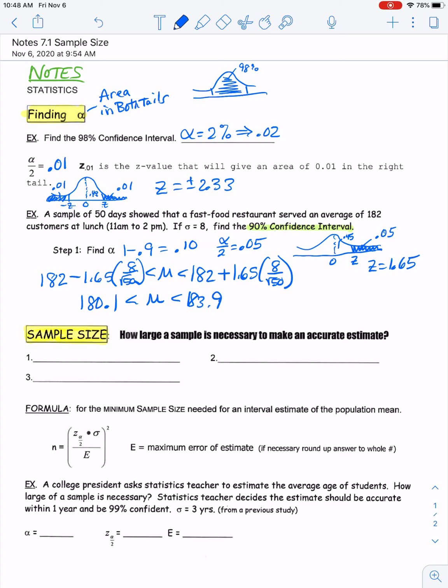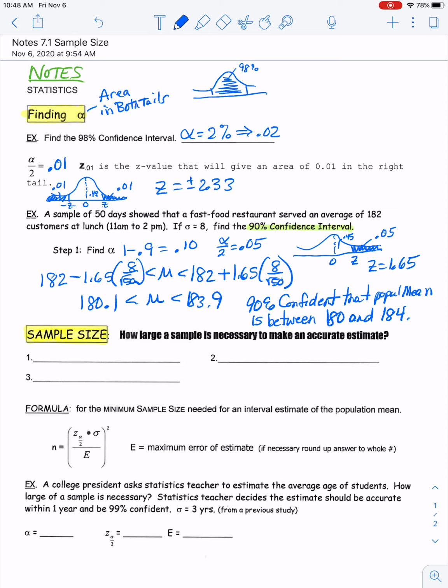So we can claim that we are 90% confident that the population mean is between 180 and about 184. All right, so that's kind of the story of the alpha.